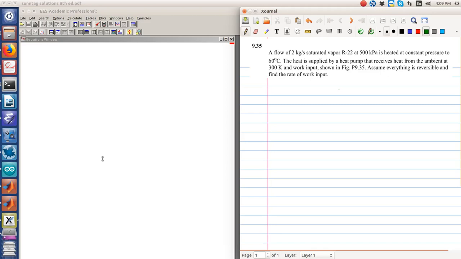Okay, let's do problem 9.35 of Sontag because it's a slightly subtle concept involved in this problem. So the diagram is as follows. There's a heat exchanger into which there is one inlet and one exit.